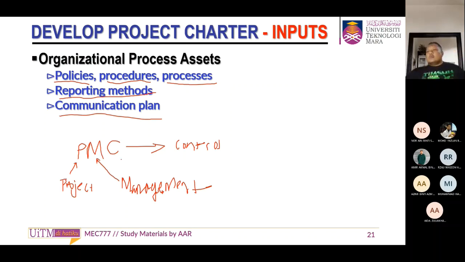Okay. Project management control. So this is where we put how we are going to report. The PMC is one place where we report the progress.